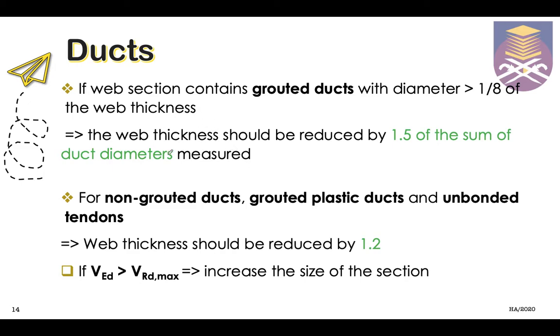We consider reducing the web thickness because when we talk about large grouted ducts, we have the effect of area reduction of the web thickness. Then for non-grouted ducts, grouted plastic ducts or unbonded tendons, the web thickness should be reduced by 1.2. That is for when we are providing ducts in our section.